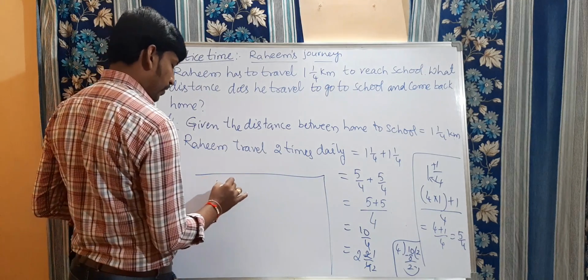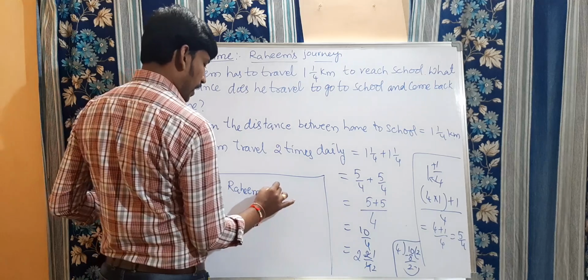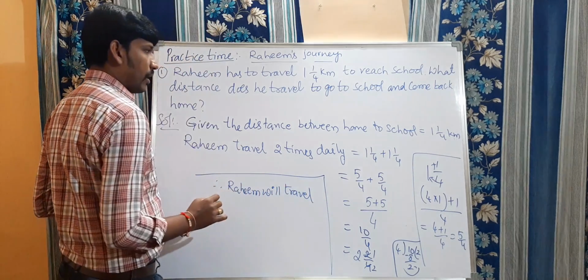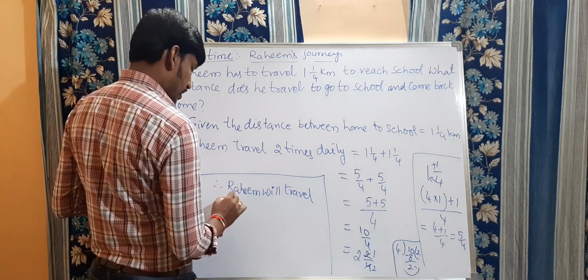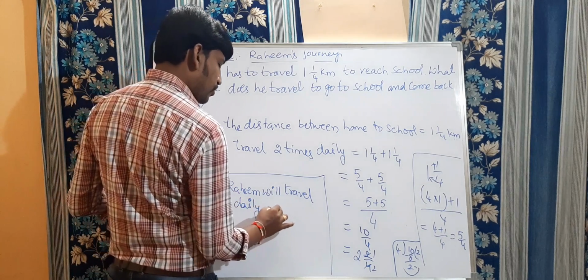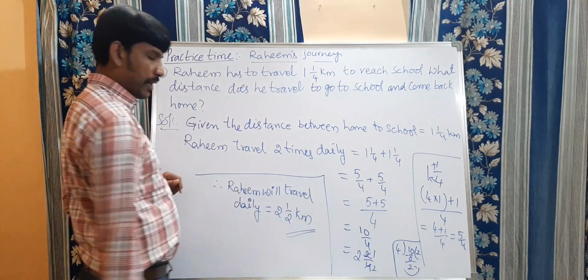Therefore Rahim will travel daily 2 1/2 kilometers. Is this clear, my dears?